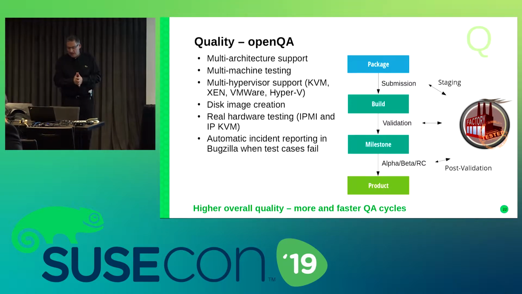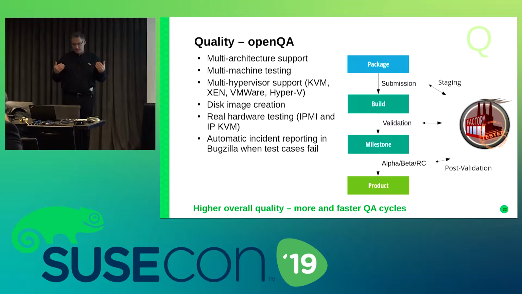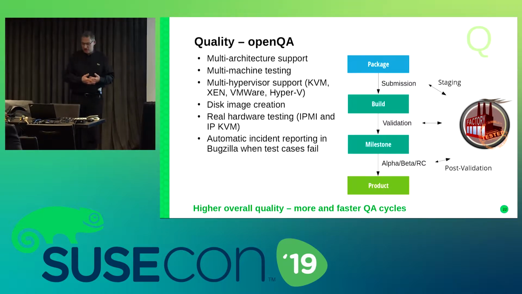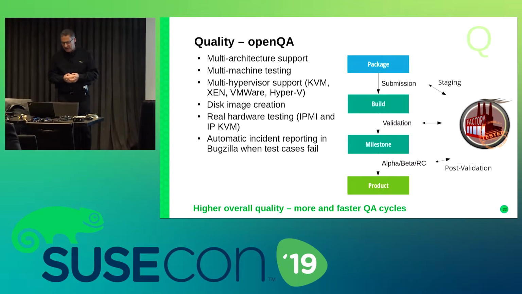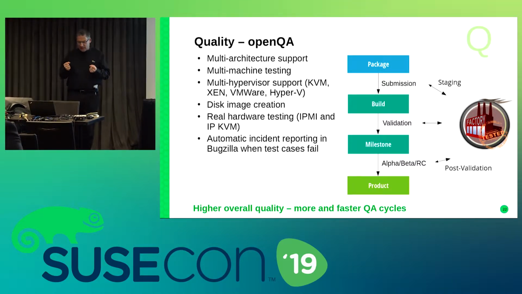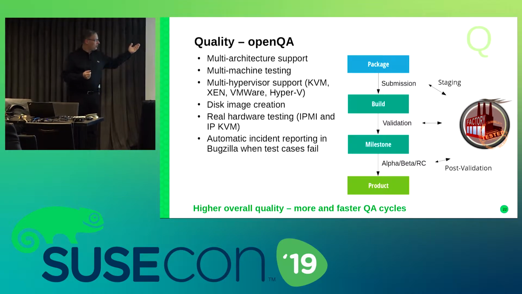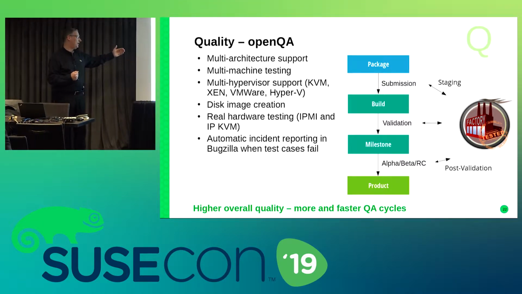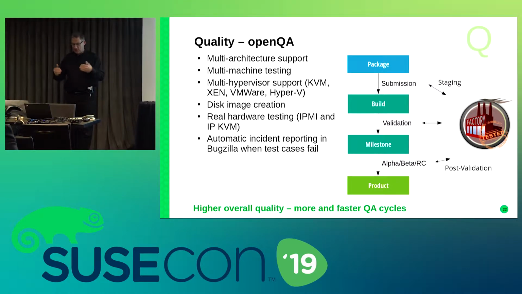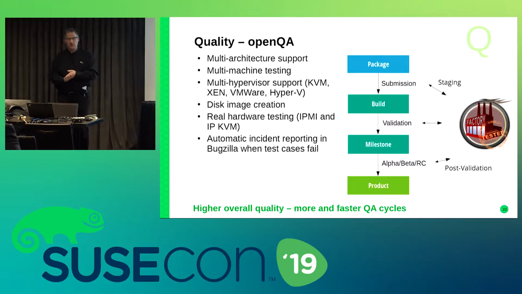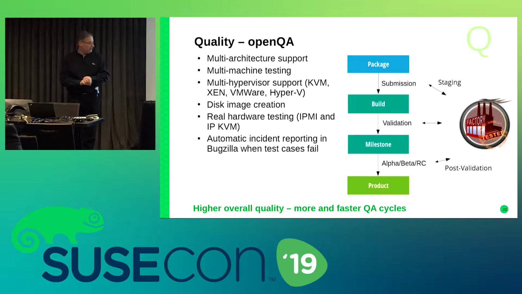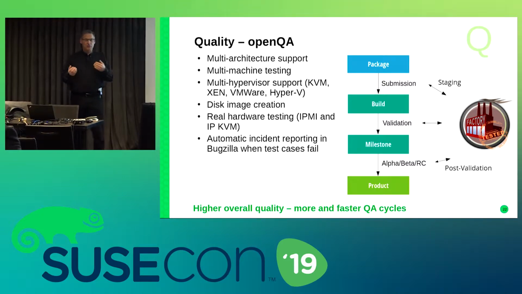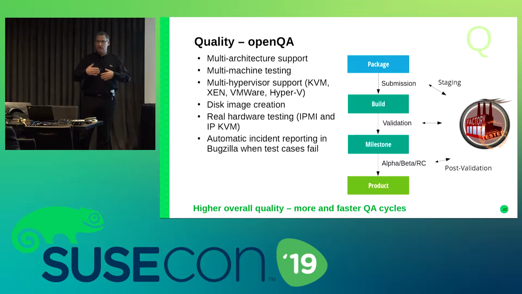It can also be used with images or for disk image creation. It can be used not only in virtual environments, but also with physical hardware. And it has automatic incident reporting into our Bugzilla so that the developers can directly work on it. This has massively increased our capability of doing true QA on full installations of the operating system.